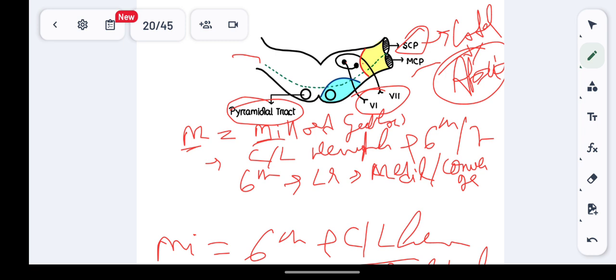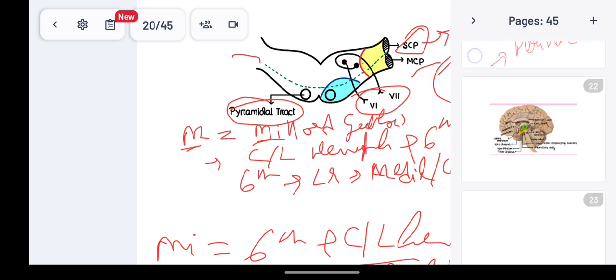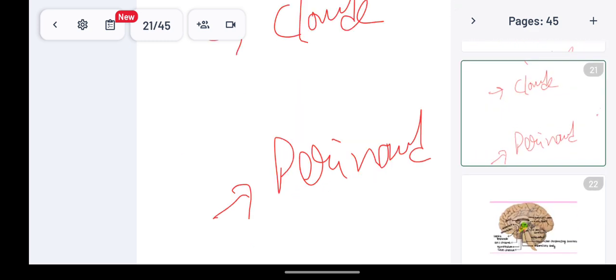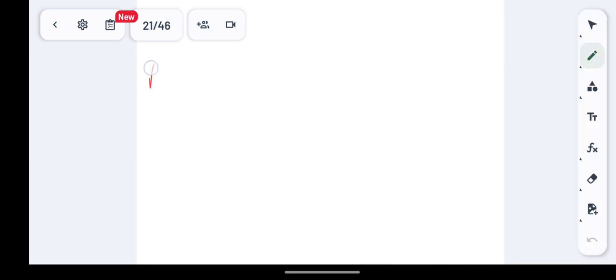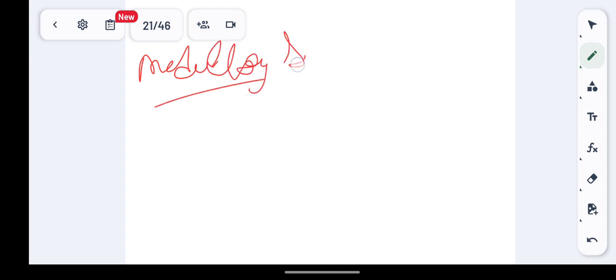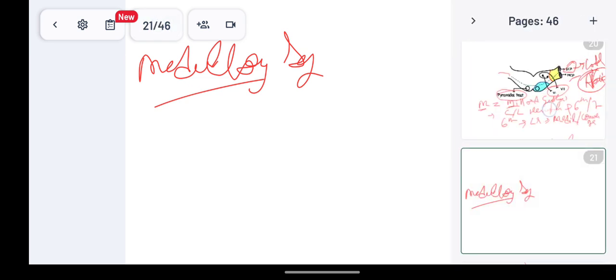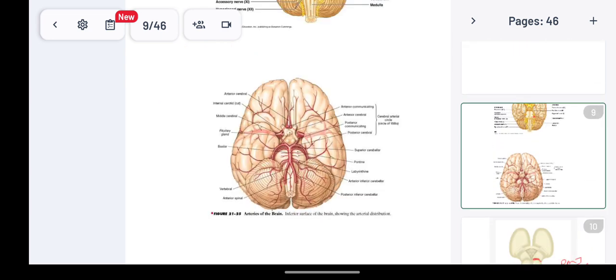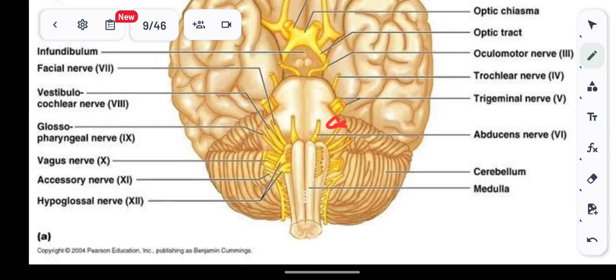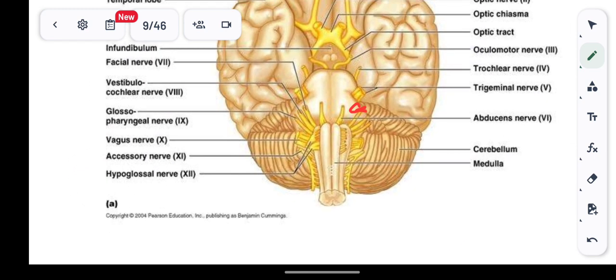Coming at last to medullary syndrome. Again, it is simplest. So we will go to that diagram. First one, yes, this one. In the medulla, which nerve is involved on the medial side?